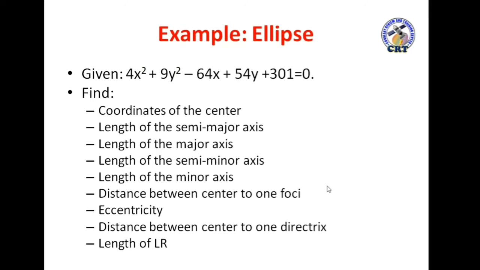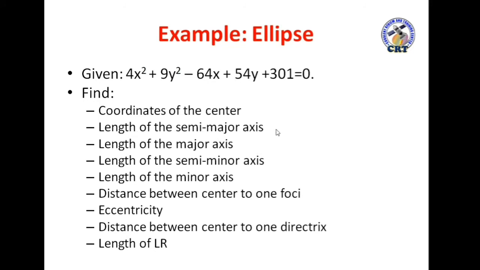Let us solve some example under ellipse. So this is the given curve or given equation. 4x squared plus 9y squared minus 64x plus 54y plus 301 equals 0. So in this example, we are asked to find the following. Coordinates of the center. So ito yung HK. Length of the semi-major axis.